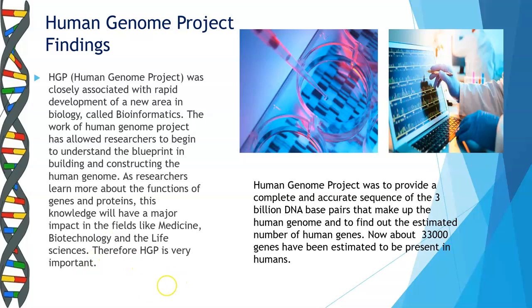Similarly, the blueprint is the nucleotide level information about our DNA, how our genome is constructed. By understanding that, we will be able to understand the function of the genes and the proteins that they code for, and this will give a major impact in the field of medicine.